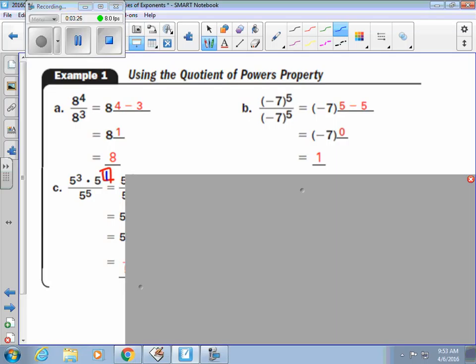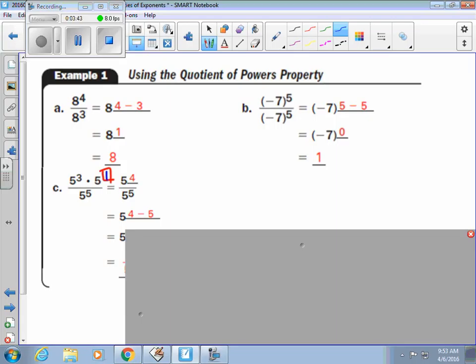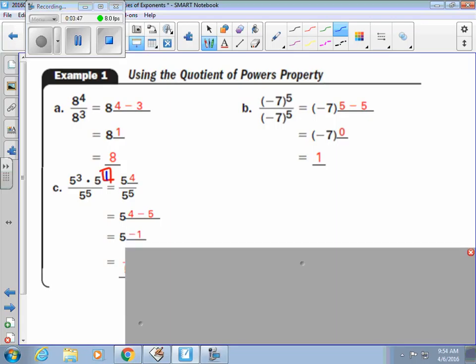You add the exponents, 3 plus 1. That gives you 5 to the 4th. So now we have 5 to the 4th divided by 5 to the 5th. Dividing the same base 5, subtract the exponents, 4 minus 5. So that gives you 5 to the negative 1 power.